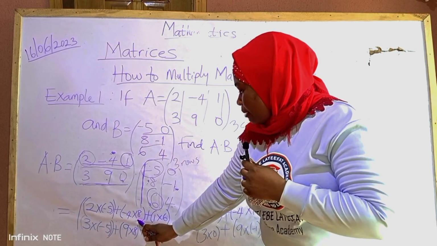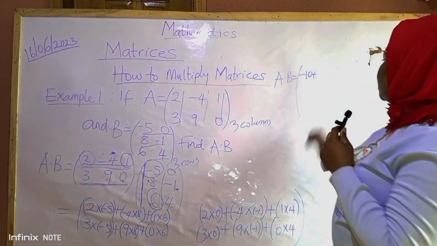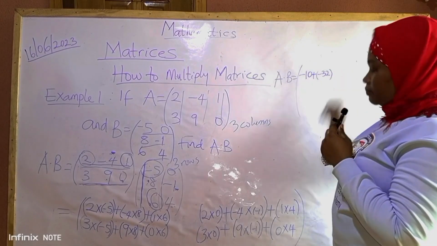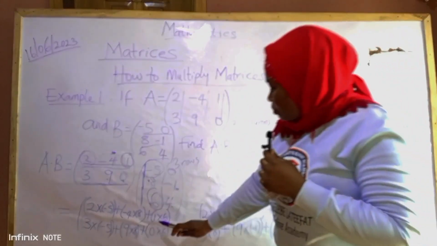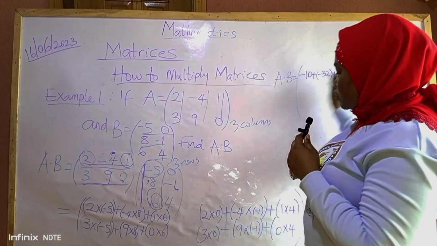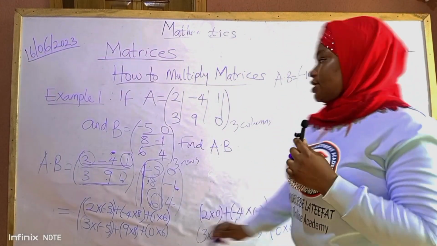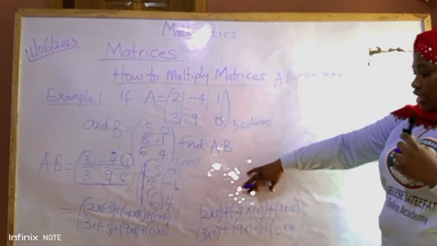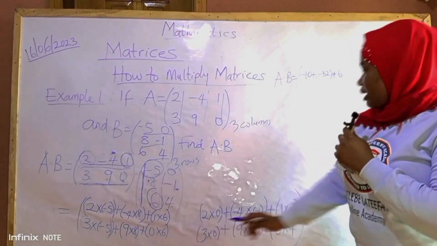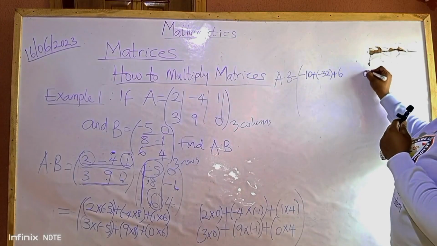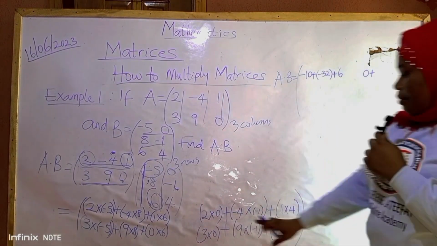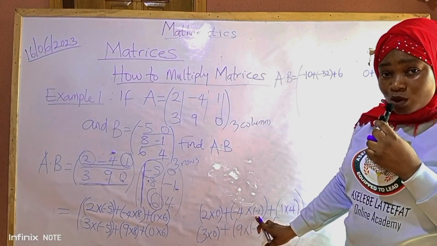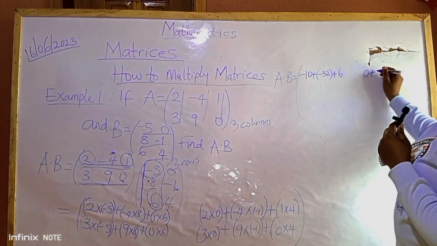Minus 4 multiplied by 8 gives minus 32, so minus 32, enclose it in brackets, plus 1 multiplied by 6. Write it. So let's go to the second element. 2 multiplied by 0, plus minus 4 multiplied by minus 1. That is what? Plus 4.